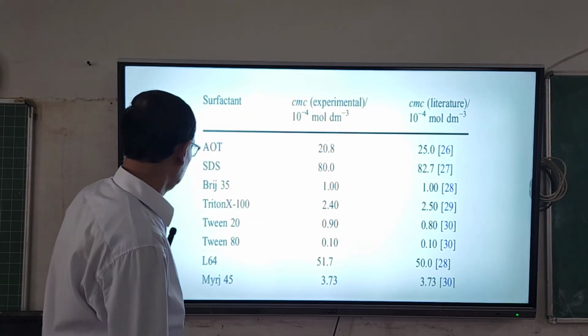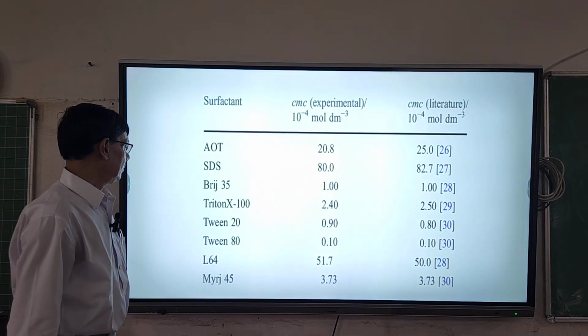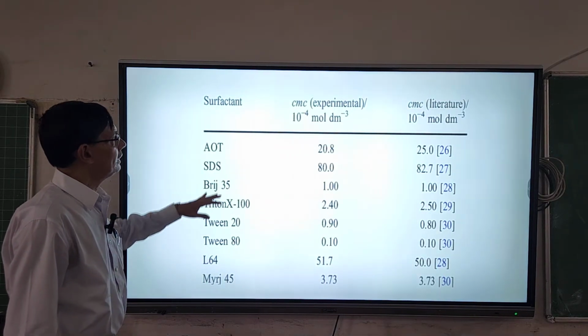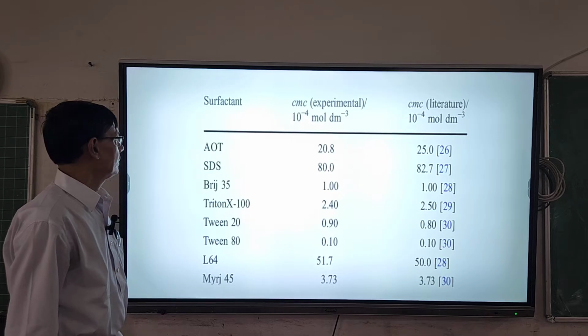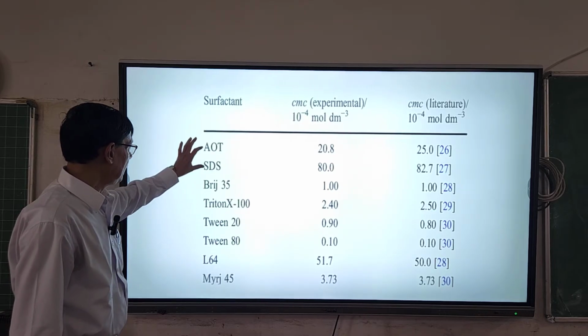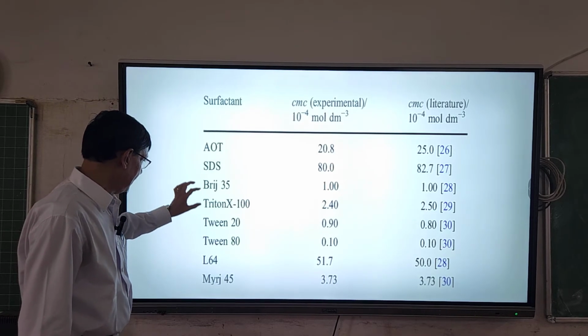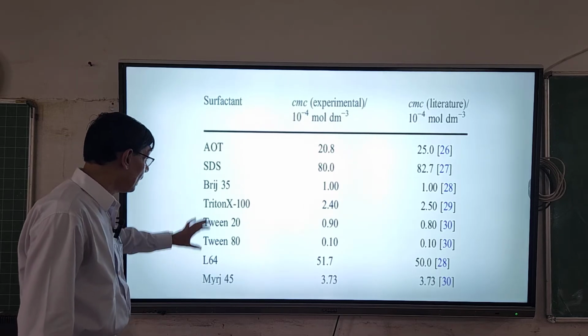Now here I am showing some very common CMC values of anionic, cationic and non-ionic surfactants.